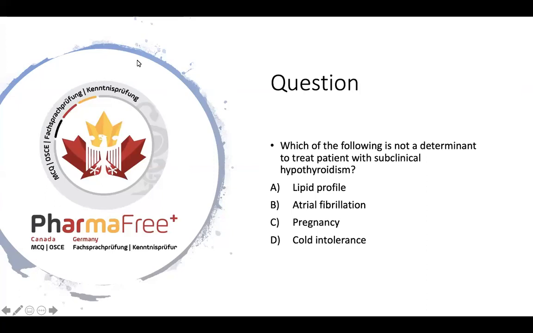Okay, I need 2 or 3 more answers and then we can go. Yes, Ziad saying A. Rima is changing her answer to B, atrial fibrillation. Interesting. Okay, perfect. So we are done now.